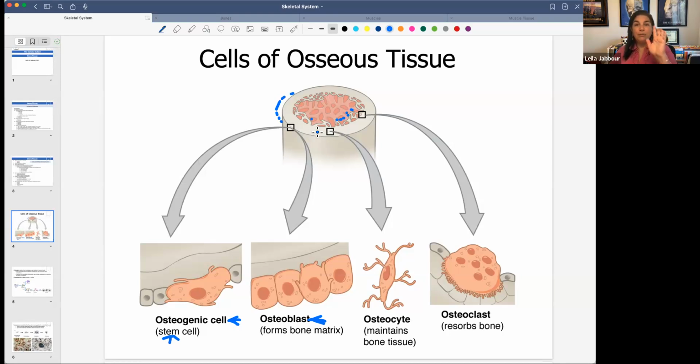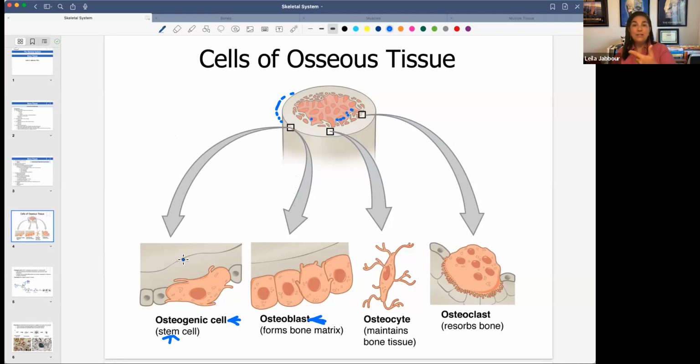If you remember from your undergraduate course, osteons are the units that make up compact bone. We're going to review that in a second.